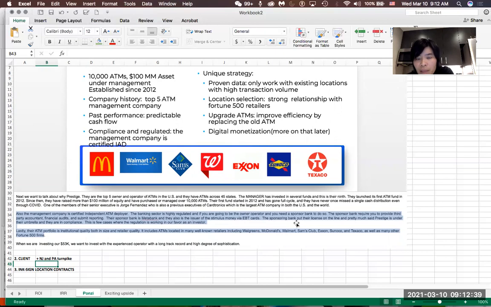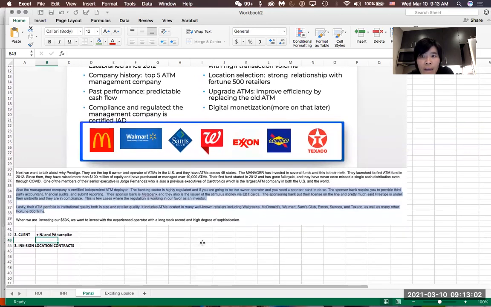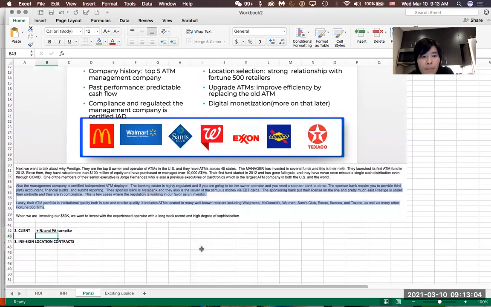The sponsor bank basically put their license on the line and pretty much said Prestige is under their umbrella and they're in compliance. So I hope that can tell you that whatever they pay you is actually from the real business and someone is actually looking out for you. So that's one angle to answer your question about Ponzi scheme.